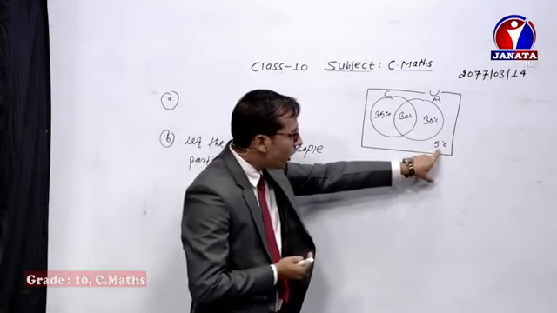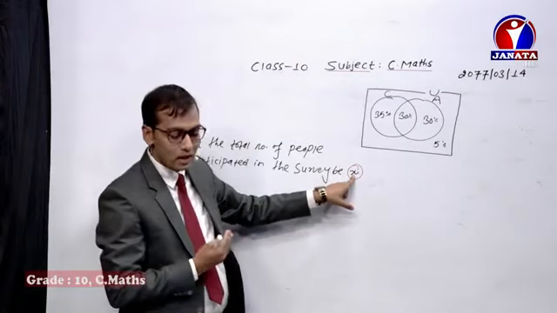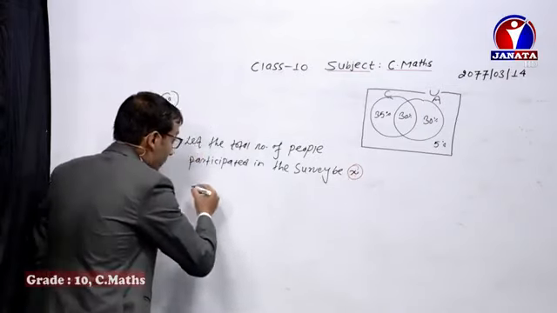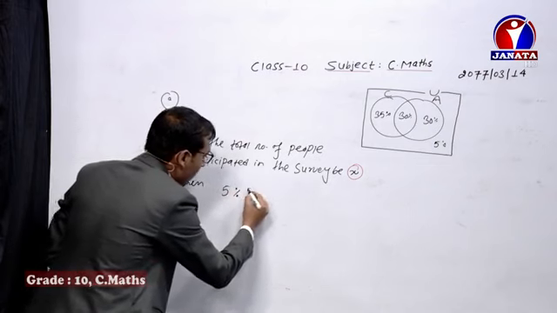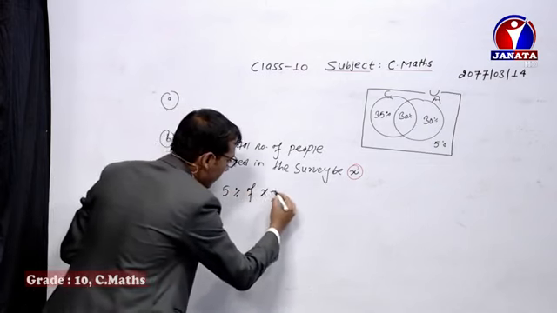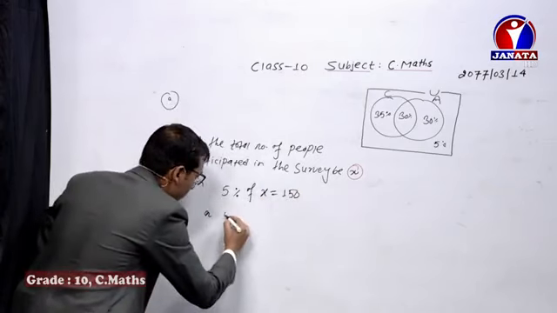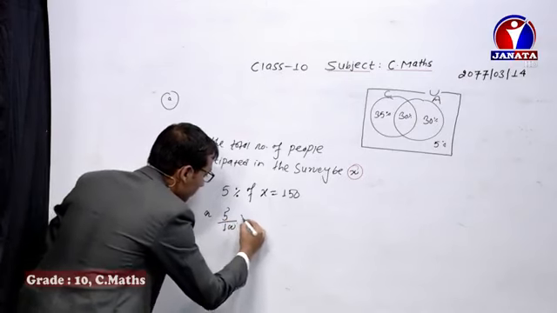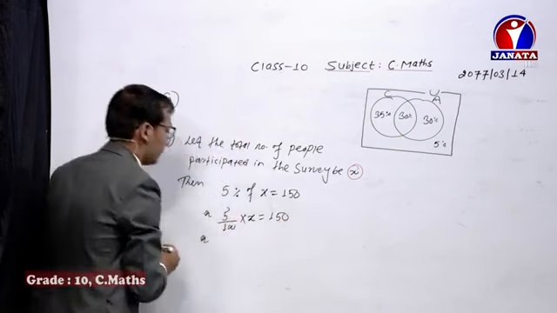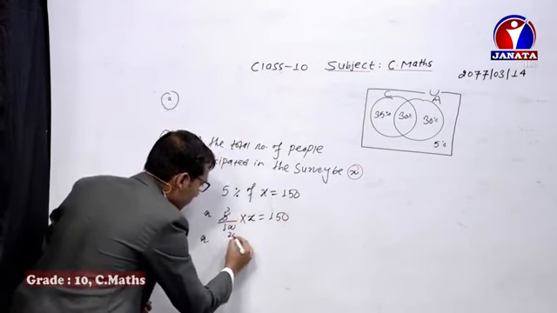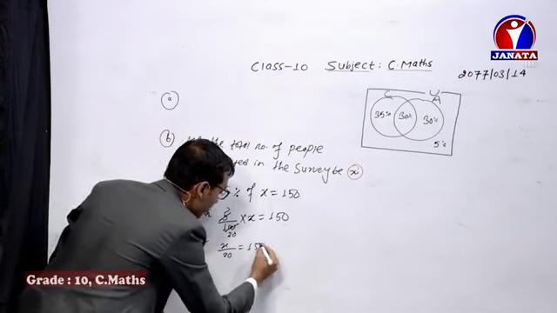So 5% of the total number who participated in the survey is equal to 150. So 5% of N of U, which is X, is equal to 150. Let's solve this. 5 over 100 times X is 150, or we can cancel this, so X over 20 is 150.